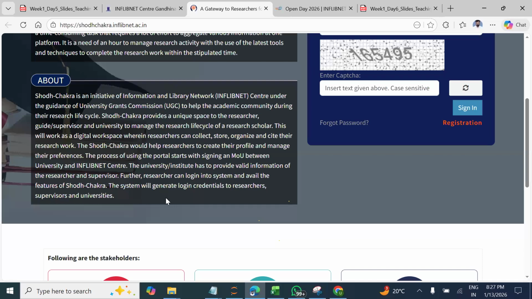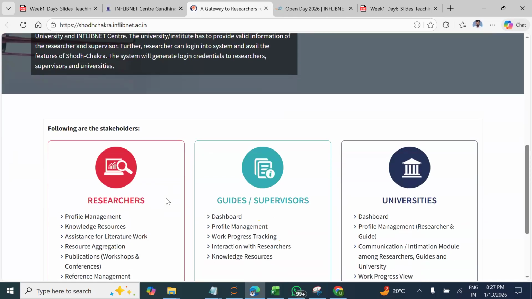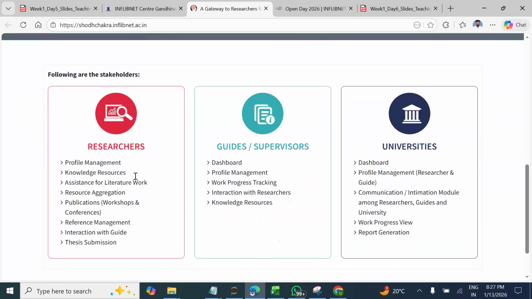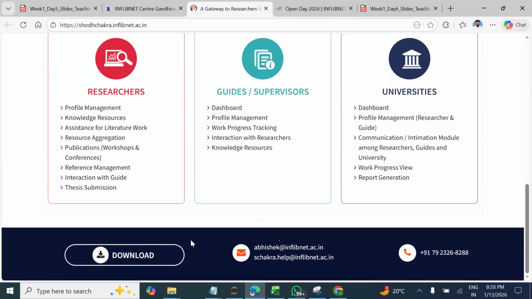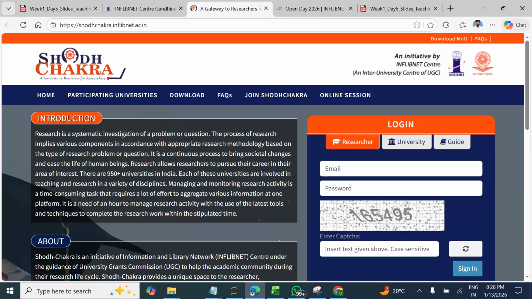Basically, this is for helping researchers, meaning researchers, guides and supervisors in universities. This is also a very important initiative to help the researchers.